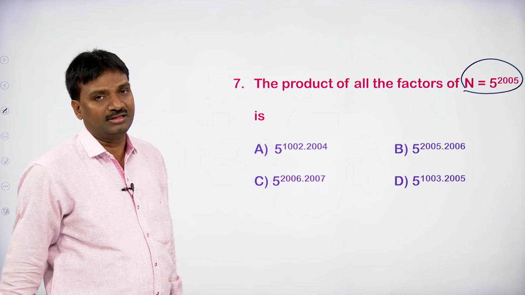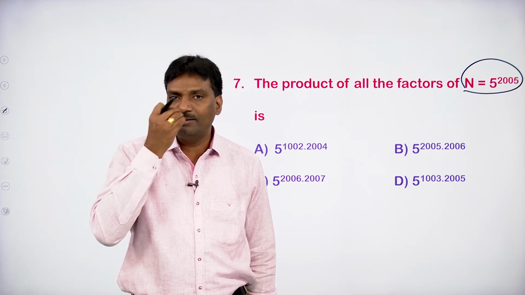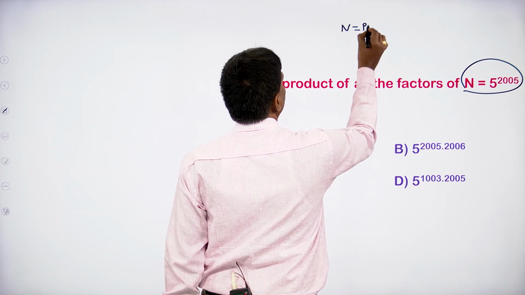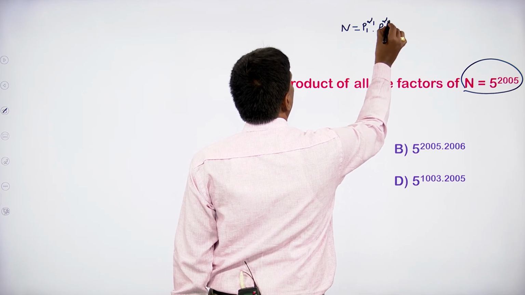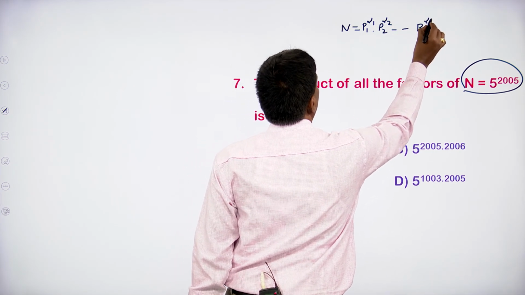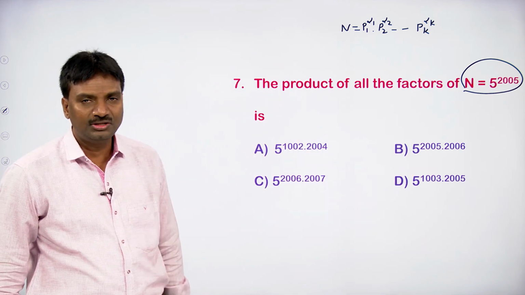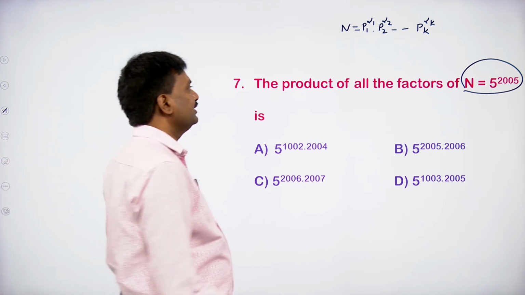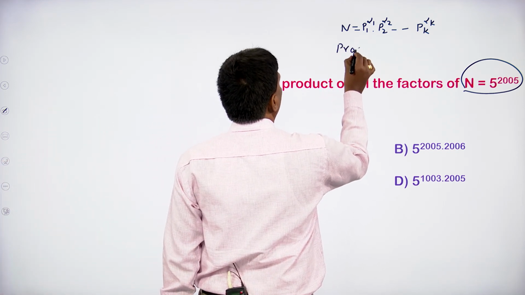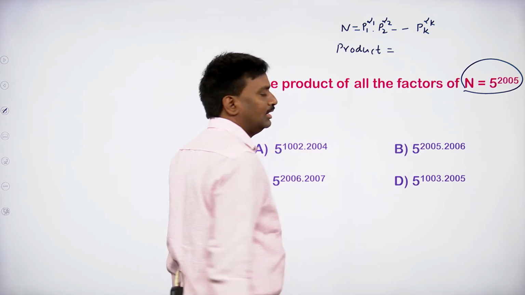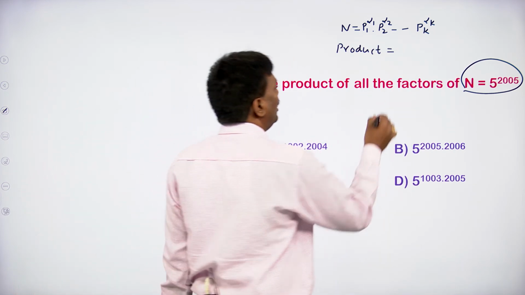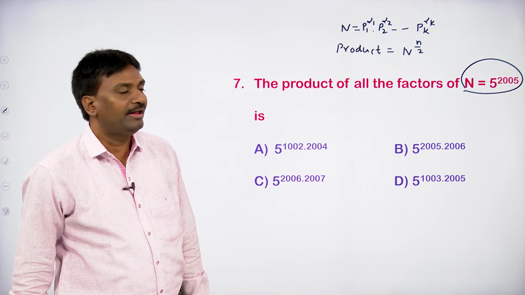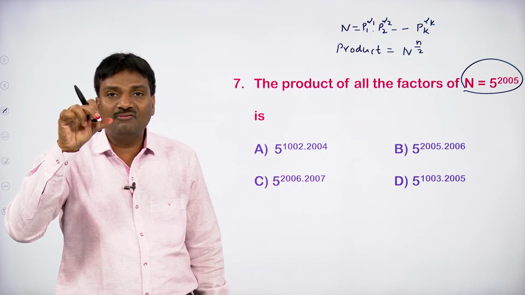The product of all the factors: we know if n equal to p1 power alpha 1 into p2 power alpha 2 and so on, pk power alpha k, then the product of all divisors of n equals N power n by 2, where capital N means the given number, small n represents the number of divisors of n.